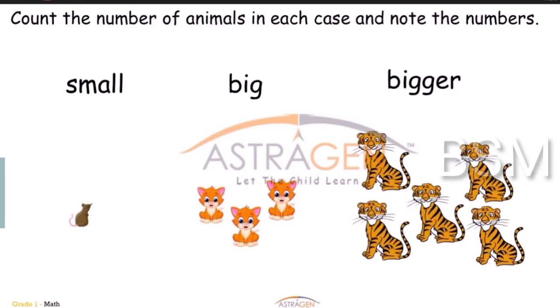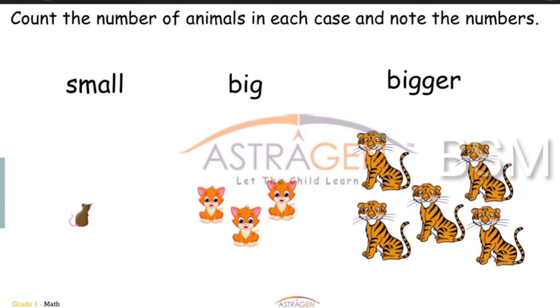Like this. Now we have a small mouse. The cats are a little bigger than the mouse. Yes or no? Also, we have only one mouse there, but we have 3 cats here. And we have 5 bigger tigers. Isn't the tiger bigger than the cat? Right? Compare the sizes also so that you can understand really well.